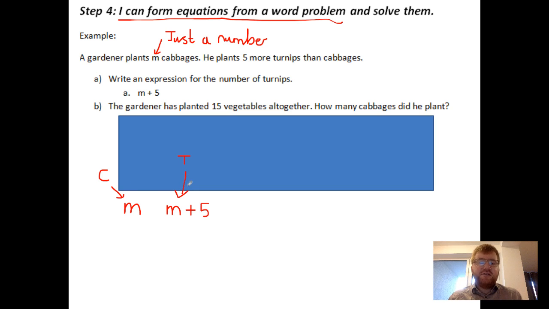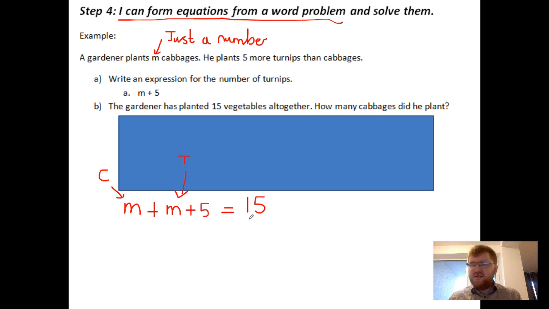If I add those together, that's equal to how many vegetables there are in total, which is 15. M represents the number of cabbages, M plus 5 represents the number of turnips. If I add those together, that will give me the number of vegetables, which is 15.